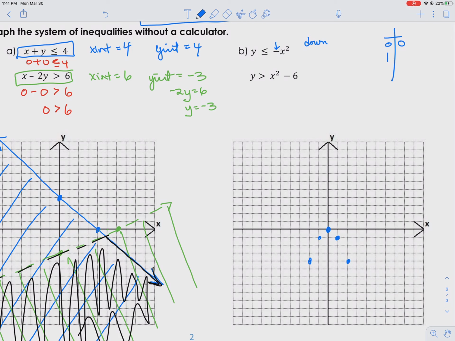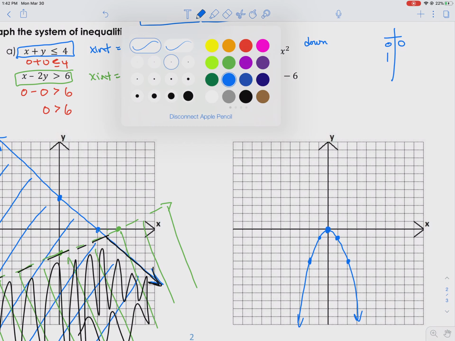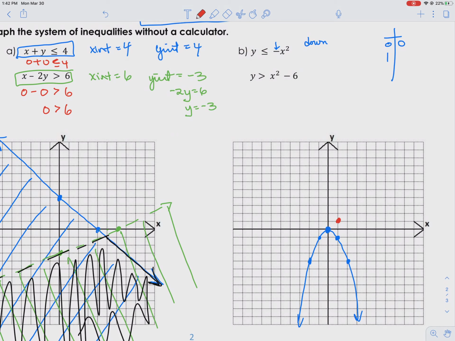Okay, so notice that one had an equal mark. So I'm going to make it solid. The problem with this one is I can't pick 0, 0 because 0, 0 is on the graph. So I'm going to pick something else. I'm going to pick something easy. 1, 1. It doesn't really matter, again, what you choose. But 1 is less than or equal to negative, now this is tricky, 1 squared.